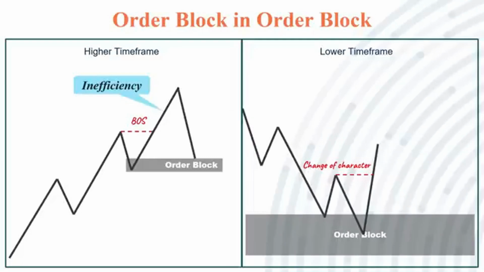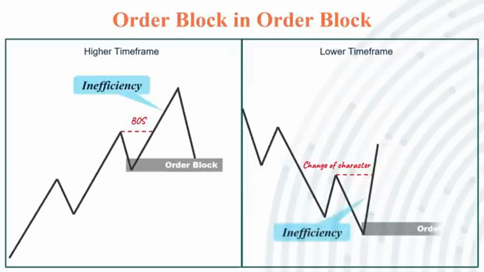The change of character formation indicates that the short-term downtrend is over, and the market can potentially start to move to the upside. In this case, 2 common scenarios happen in the market, which is how we enter the trades. In the first scenario, change of character is accompanied by inefficiency and creates another order block. So we place our buy limit a spread size above the order block and place our stop below the swing low.